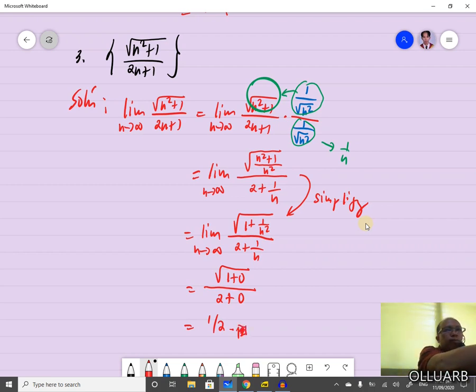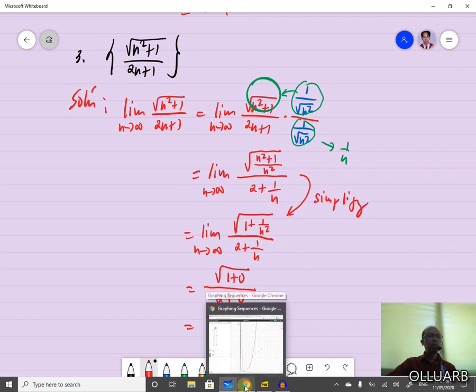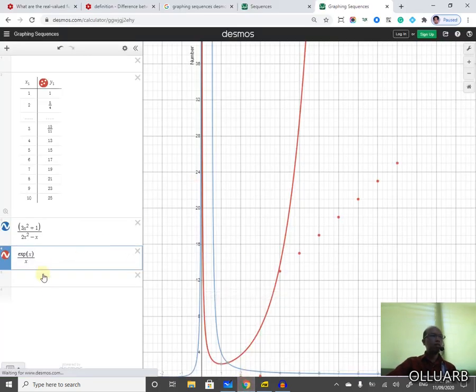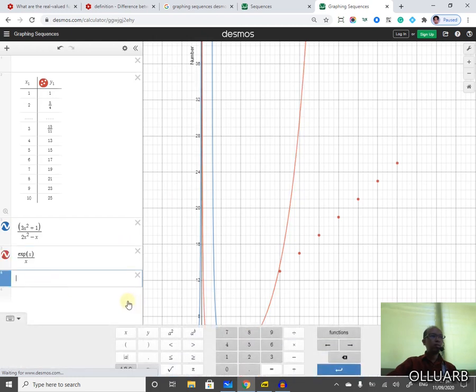Okay, so let's verify this problem again in a graph. Replace n by x. Okay, so it must be a square root.